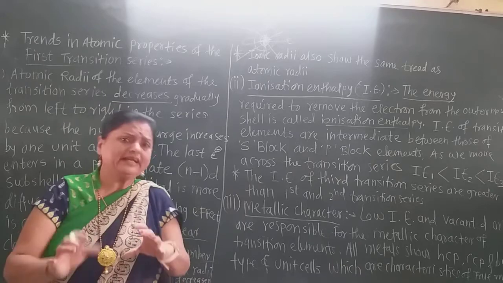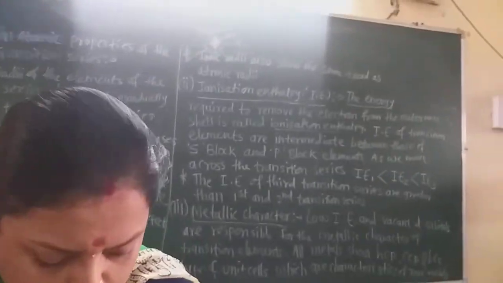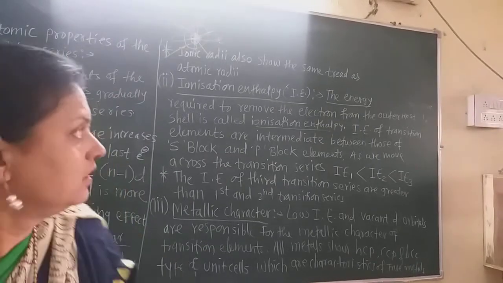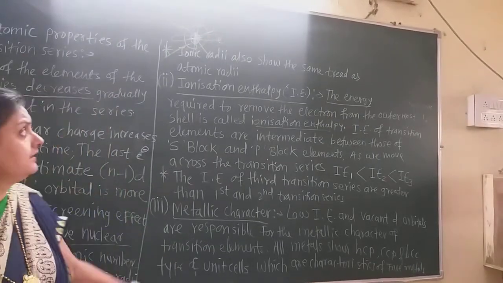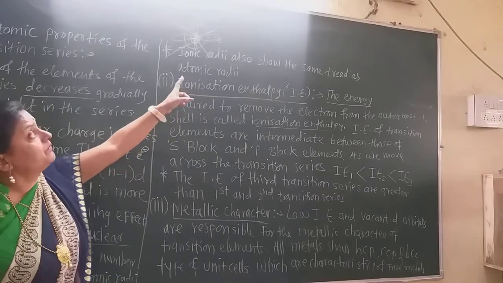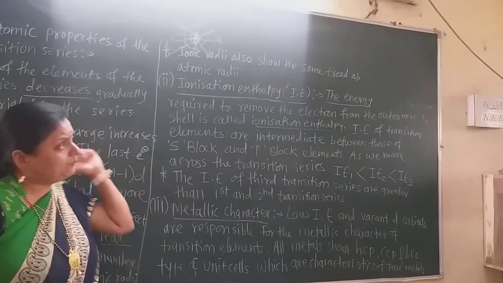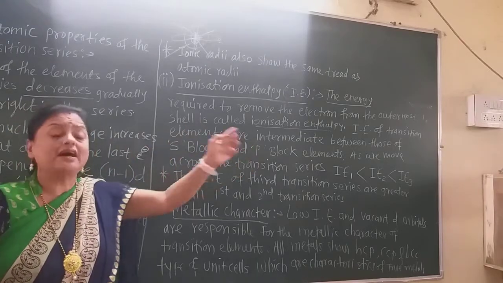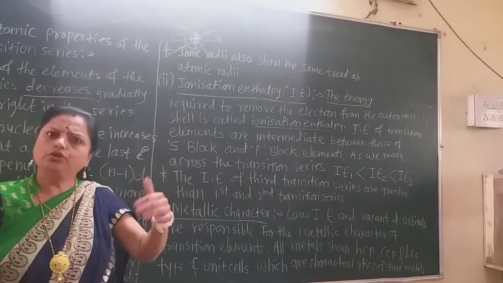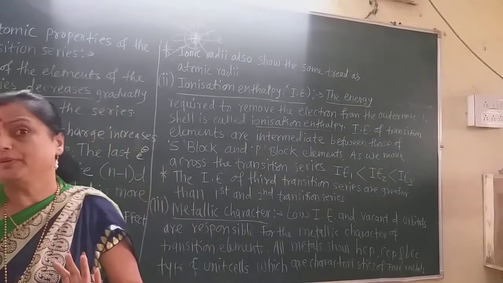And the same trend is observed in the case of the ionic radii also. The same trend means as we go from left to right in the period, the ionic radii decrease. Do you know the difference between ionic and atomic radii?